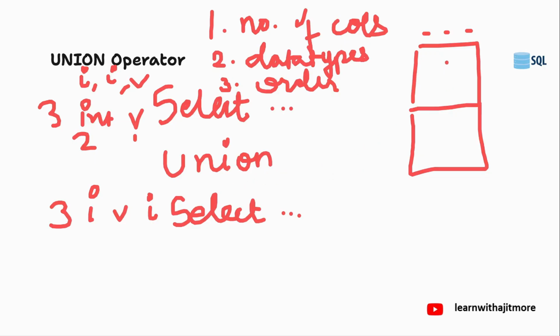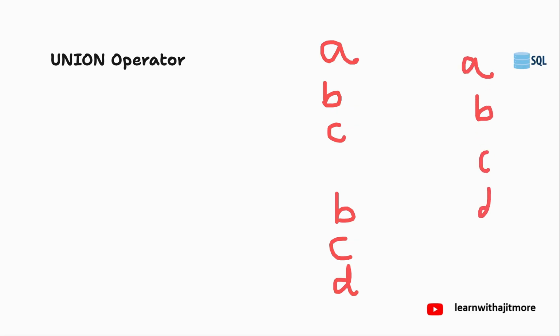And by default, remember, union will not keep the duplicates. Union will by default give you unique values. Like if in the first query you are going to get A, B, C, and in the second query you are going to get B, C, D, when you take the union, it will not show B, C twice, only once. A, B, C, and D will come.